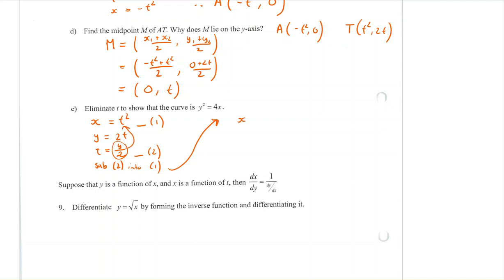So it will be x equals, instead of t, y over 2, all squared. When I square that, I get y squared over 4. And timesing the 4 to the other side, I get y squared equals 4x, which is what we were expecting to get.